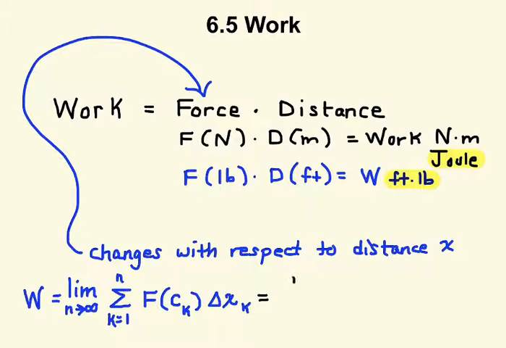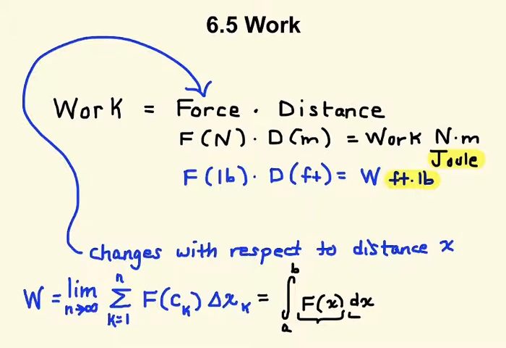This is an integral. We are going to integrate from distance A to distance B of our force, which is a function of x, times delta x. Now if you look at this first bit, f of x, that is the force for any given distance.